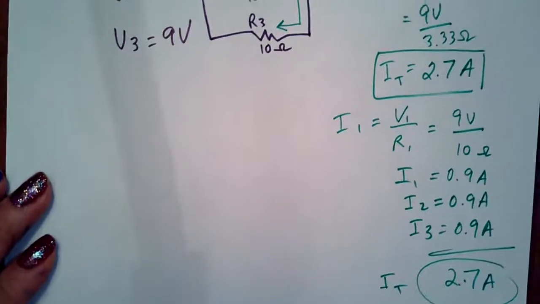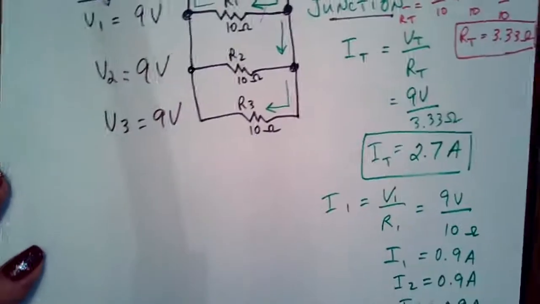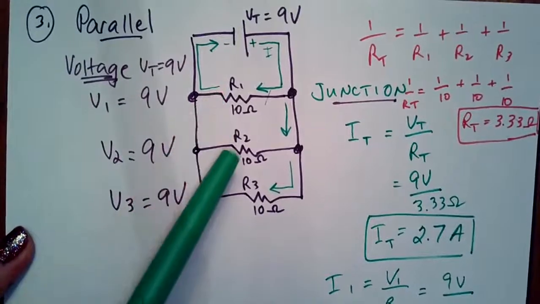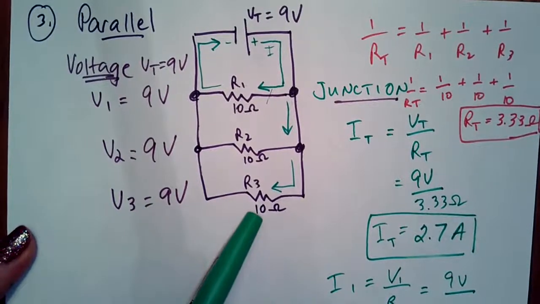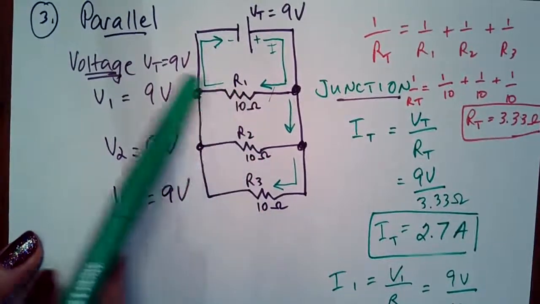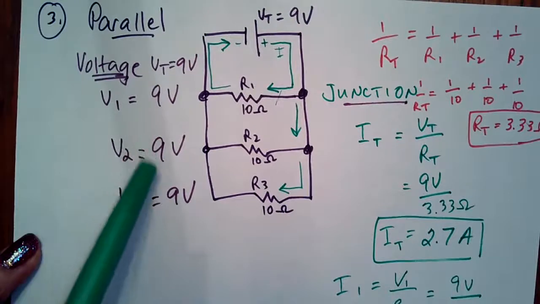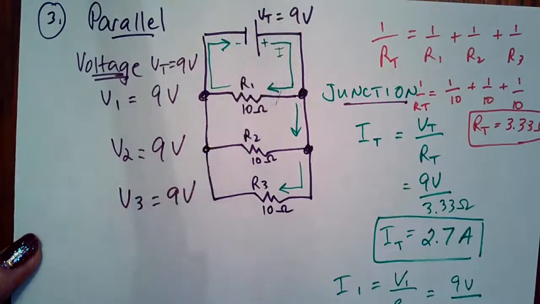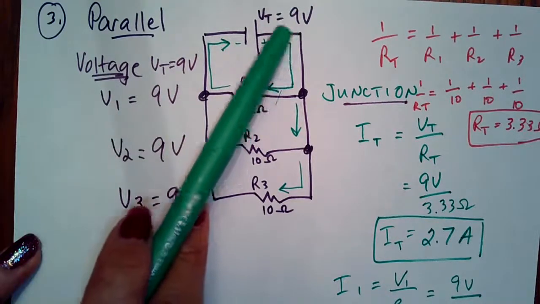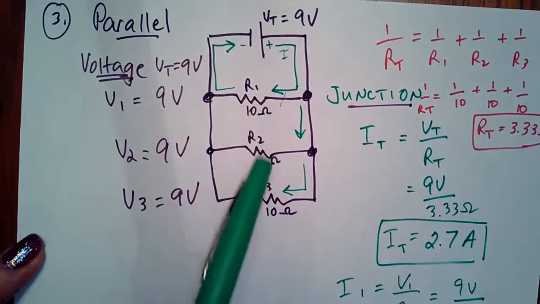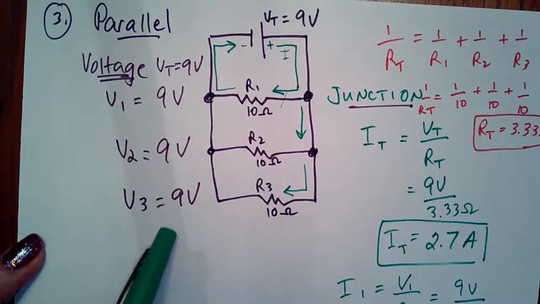So just to summarize this one example here, this is a parallel circuit with the same amount of resistors, but it doesn't matter because the voltage is going to be the same individually as that of the total voltage. So 9 volts total voltage for the entire circuit, each one is going to receive 9 volts as well.